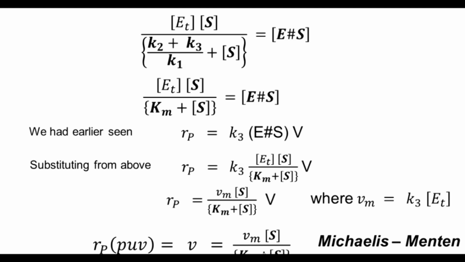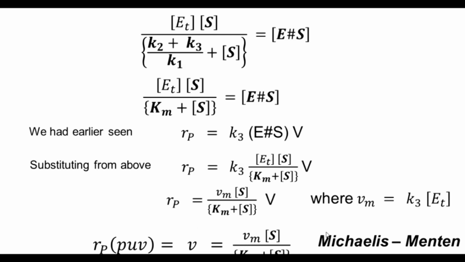This is the simplest enzyme kinetics equation for a single enzyme, single substrate case, which goes as enzyme and substrate reacting together in a reversible fashion to form the enzyme substrate complex, which further goes to give you the product and the enzyme back. So this is V equals Vm S by Ks plus S.